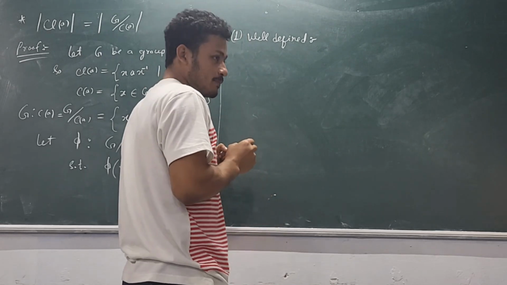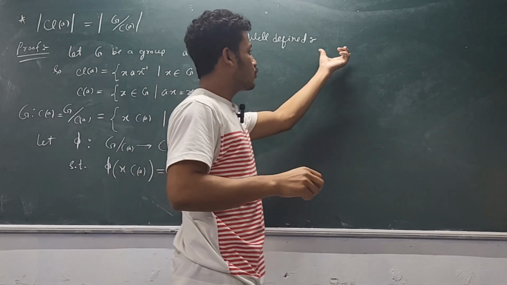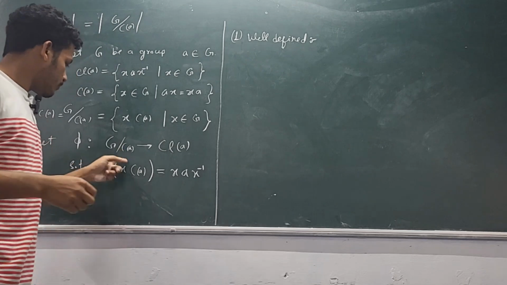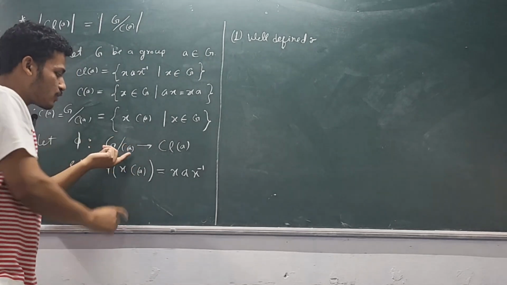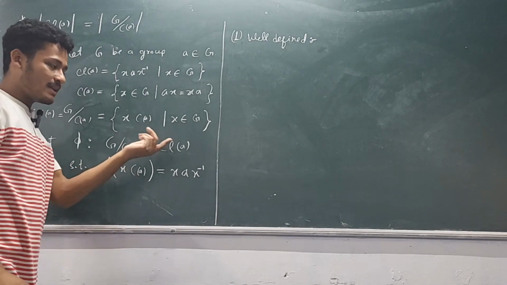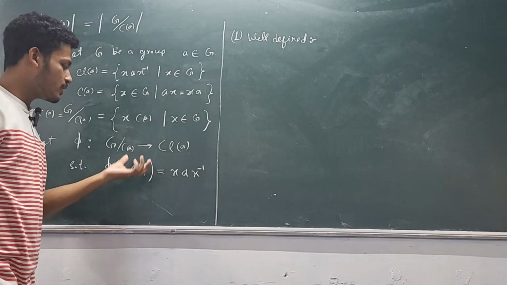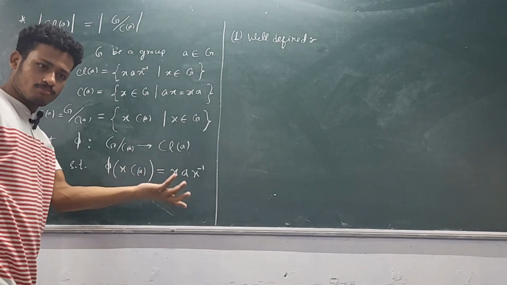So how do we check well defined? Take any two elements in the domain and check that the images are equal.